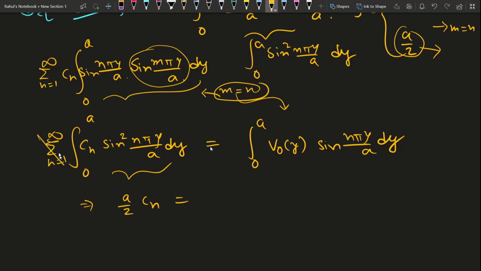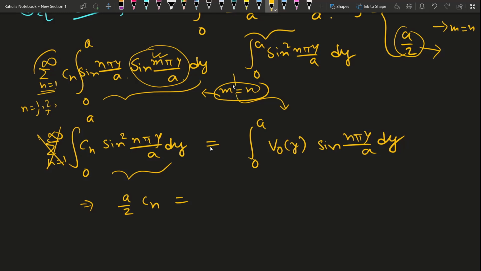There will be no summation, because m is fixed, but if we expand this summation, n will take different values, 1, then 2, and so on.